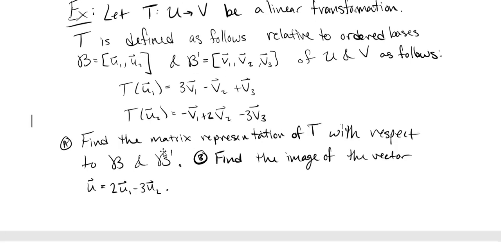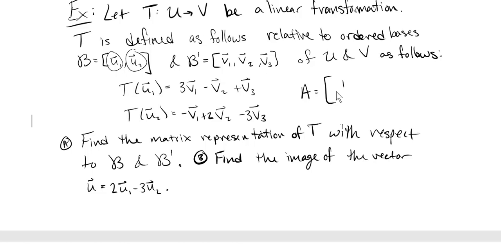So what do we want to do first? First, let's find the matrix representation of T with respect to these bases. And then we'll find the image of a specific vector. Well, this is pretty simple up here. Notice we said the matrix representation, call it A above, is really just these vectors.